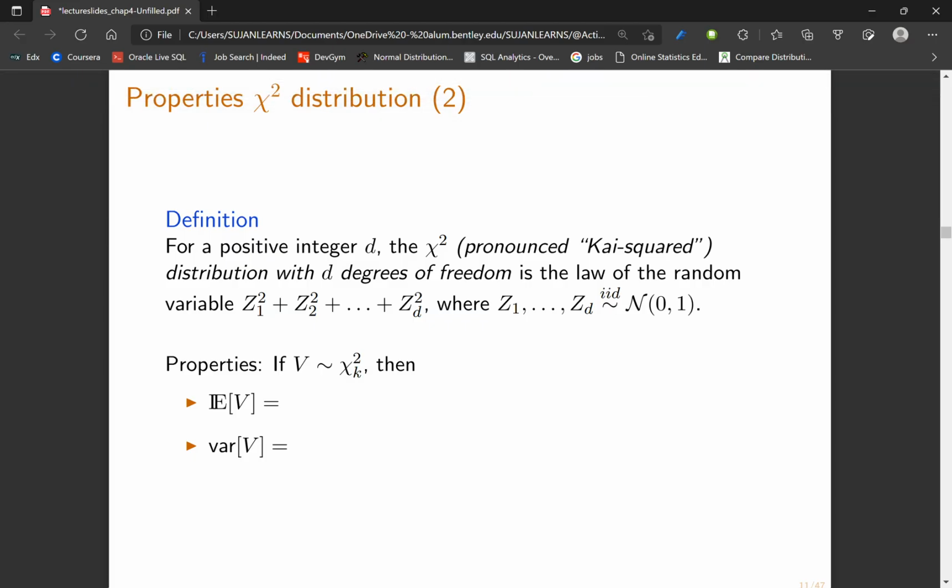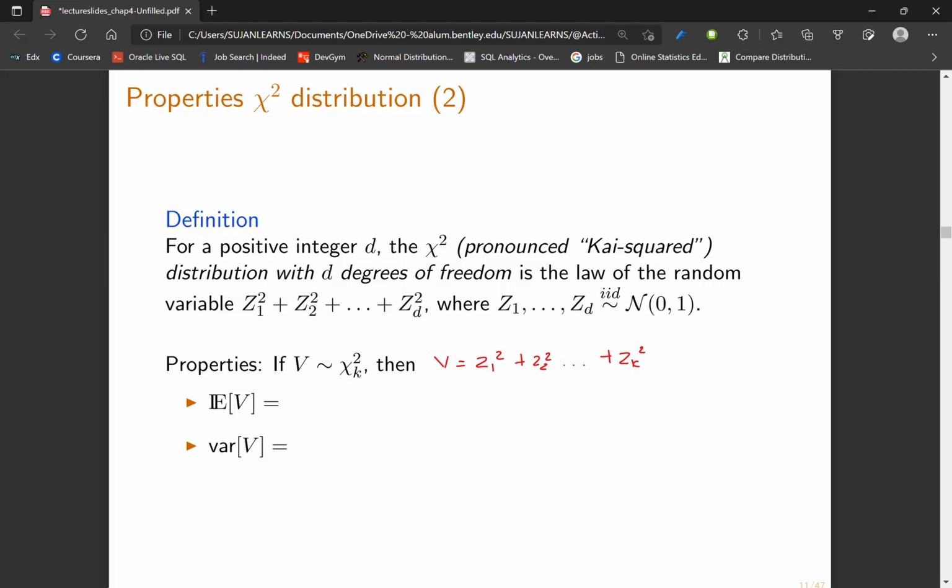V is equal to Z1 square plus Z2 square up to Zk square. If V has a chi-square distribution with k degrees of freedom, then this should equal that.